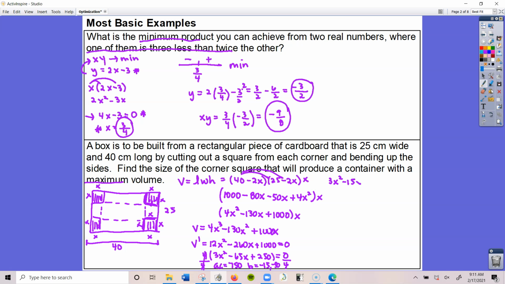So minus 15x minus 50x plus 250. Factor by grouping. These two terms have a 3x in common, leaving me with x minus 5. These two terms, I can factor out a negative 50 because of this minus here, which would leave me with x minus 5. When you're factoring by grouping, as long as these are the same, that's one of your factors. And what's left over is the other factor.